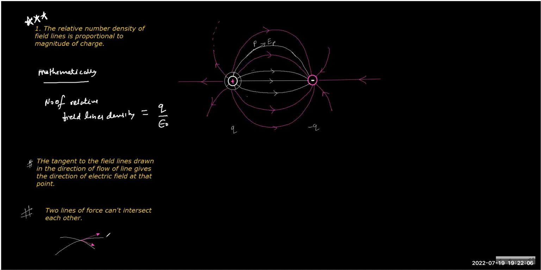In space, one field pattern belongs to one distribution, and every other distribution will have its own unique pattern, and that is called the uniqueness theorem in electrostatics.